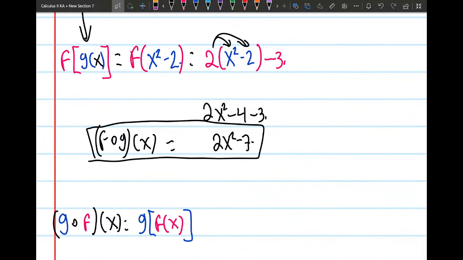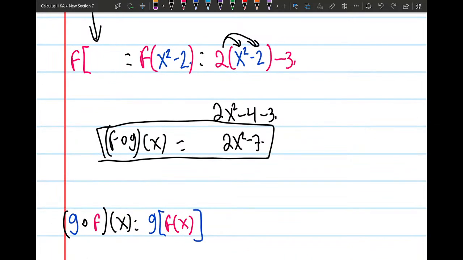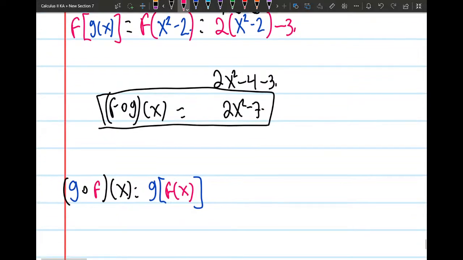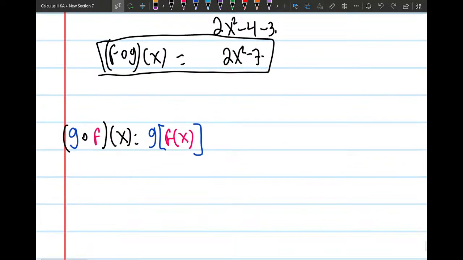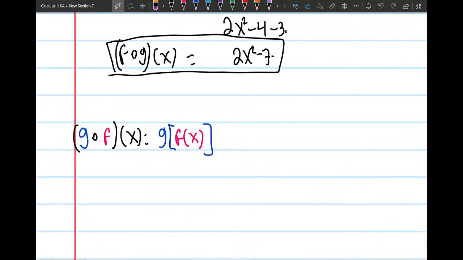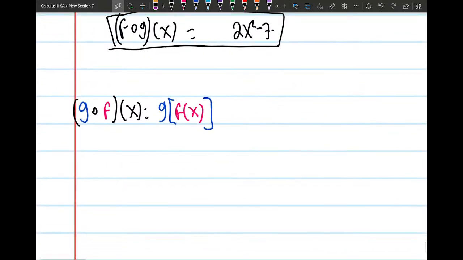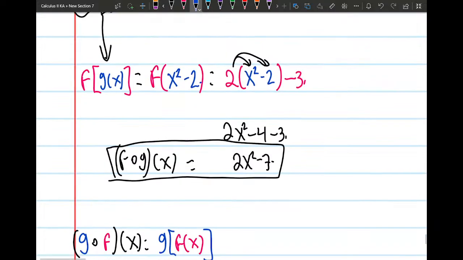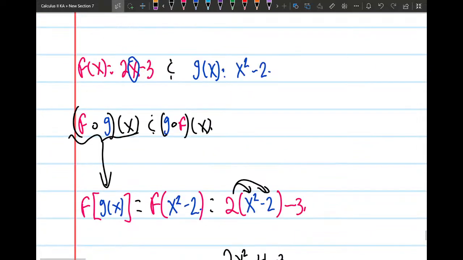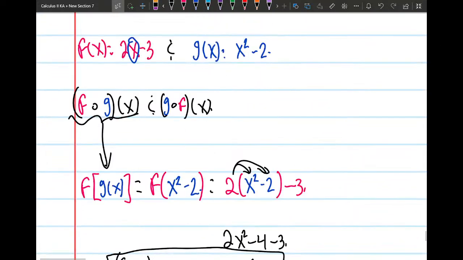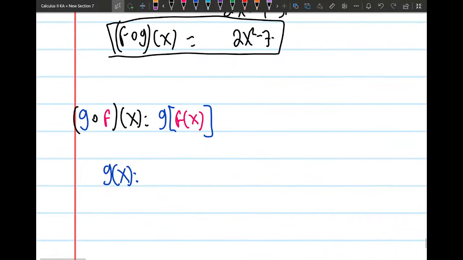So basically we're going to put in f of x into g of x for x. So our original function g of x is equal to, wait, x squared minus 2.